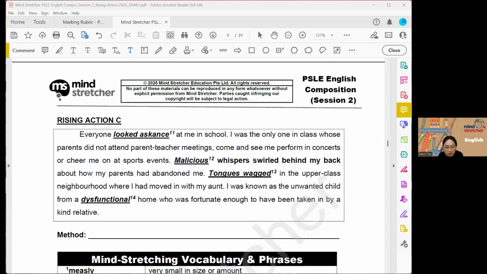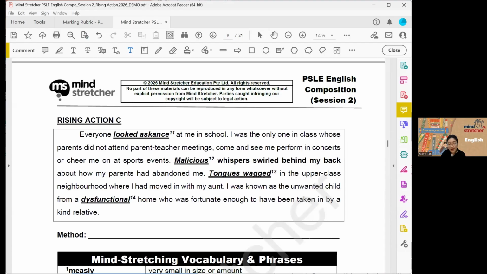Upper class neighborhood. A neighborhood that is filled with houses or apartments that are extremely expensive and only the very rich could get a property there. Okay? So upper class. In certain societies, that's very obvious.